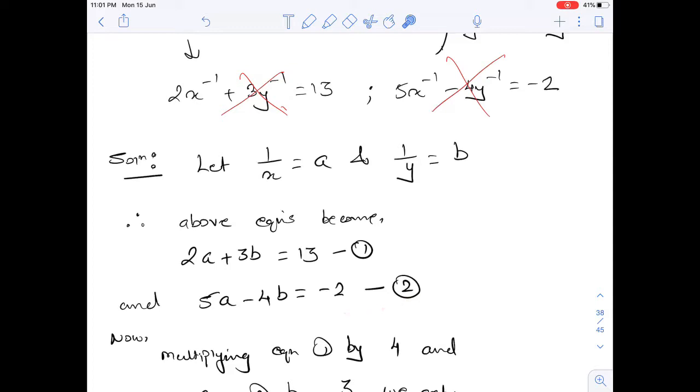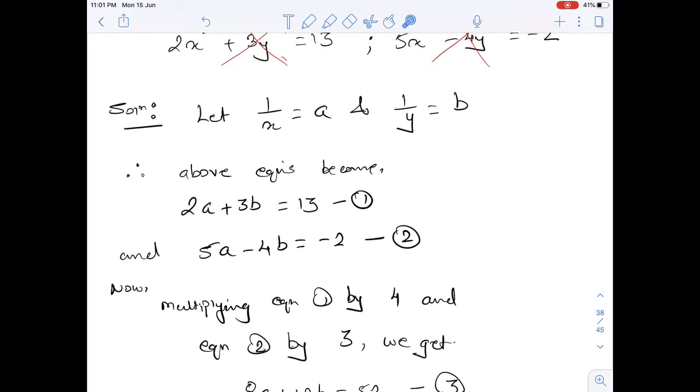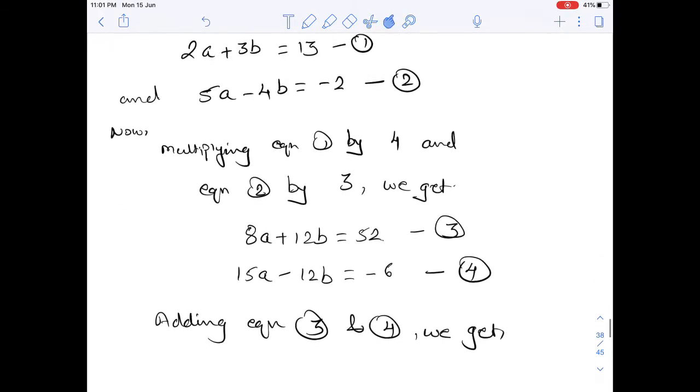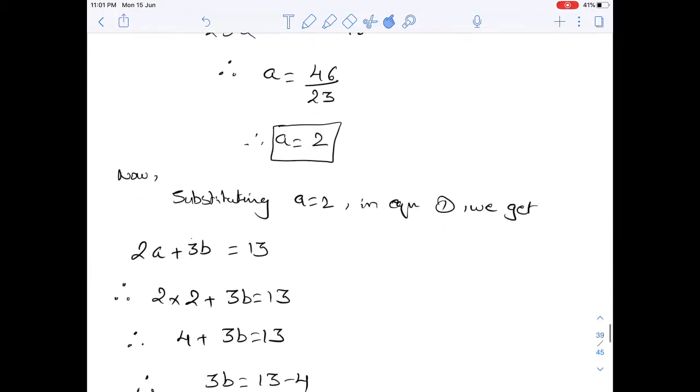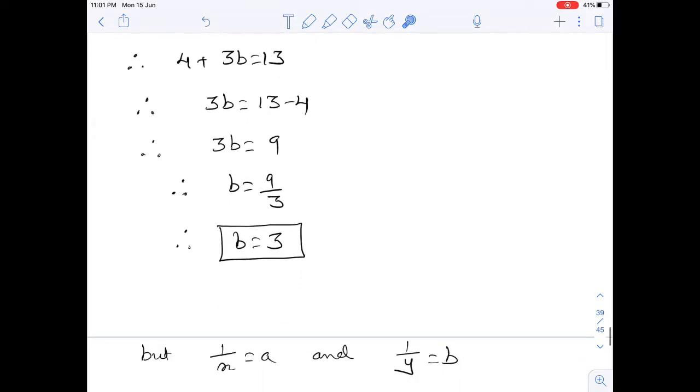Now here the power of this variable is 1, for this variable is also 1. So now this is a linear equation with two variables. Further we solved it using any one of the three methods we can use. Right now I have solved it using the elimination method. After getting that, you have to check, we are getting a value for a and another value for b.